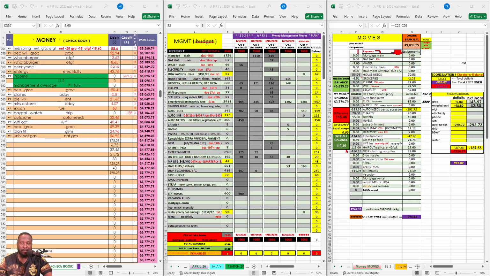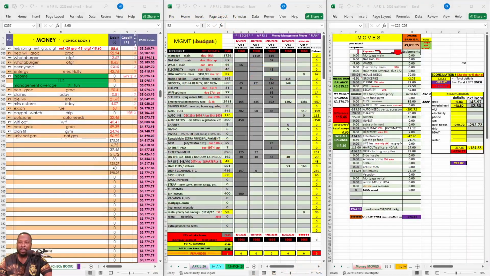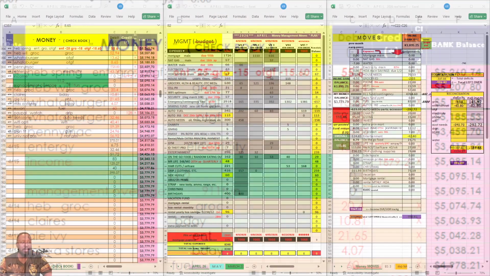So this 115.46 amount that we see, that amount's not fully showing as any of these amounts here. So there's two of these amounts over here on the checkbook.